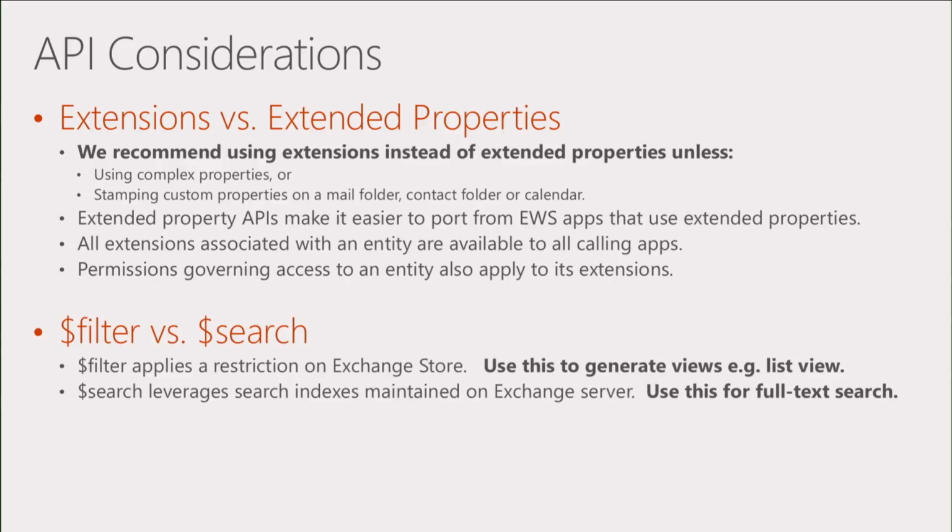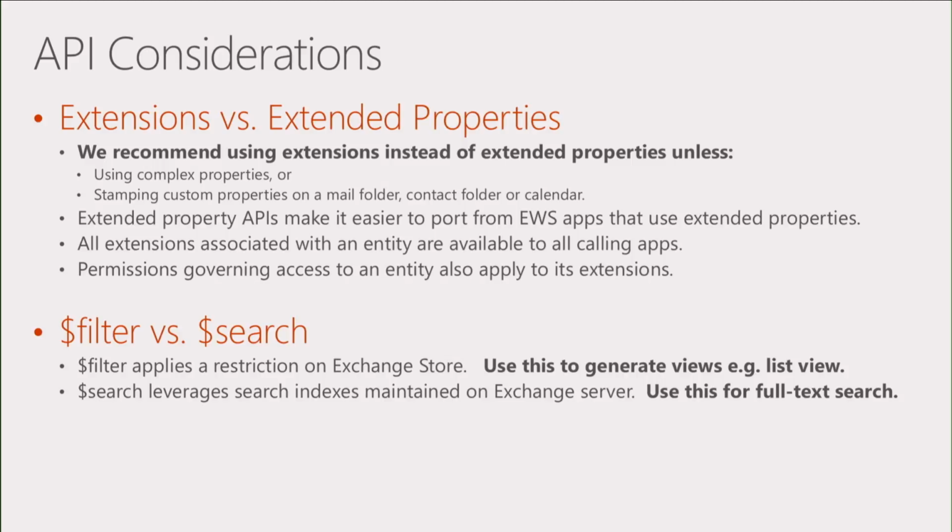Filter versus search. We've got both these operators, and that's one question I get. What is the difference? When you're doing filter, you're just going straight to our underlying Exchange store, and it's got tables, and you're basically telling it, I'm giving you a restriction, give me back a view. And there's some optimization there, especially if it's a property they index, then it's going to be very fast.